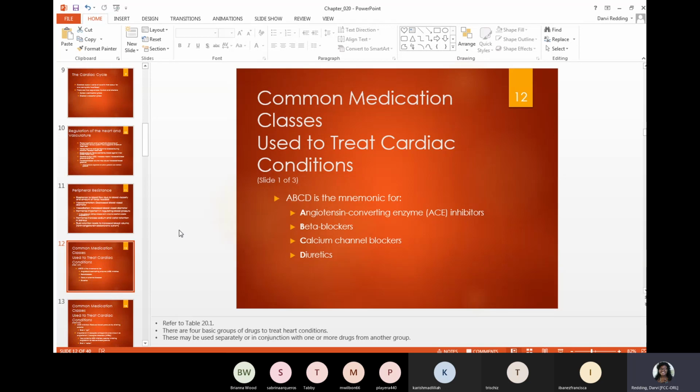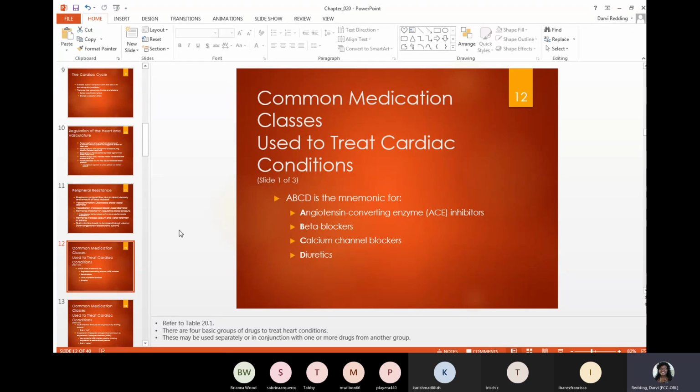So one way you can remember the drug classifications that treat cardiac conditions is A, B, C, and D. So this is an acronym. A would stand for angiotensin converting enzyme, so you have ACE inhibitors. Those are going to help with people who have cardiac conditions.